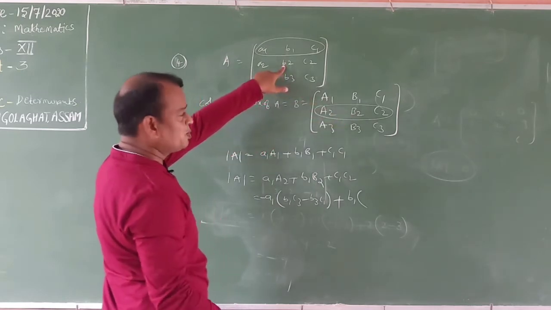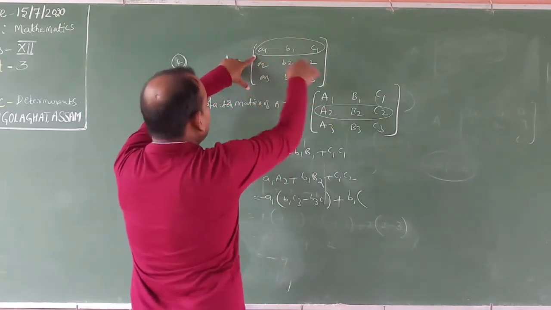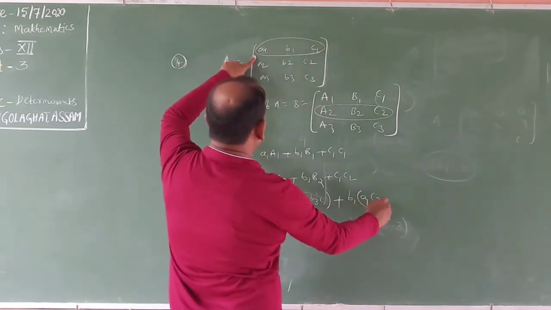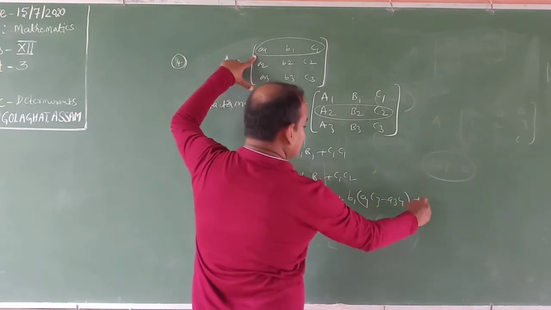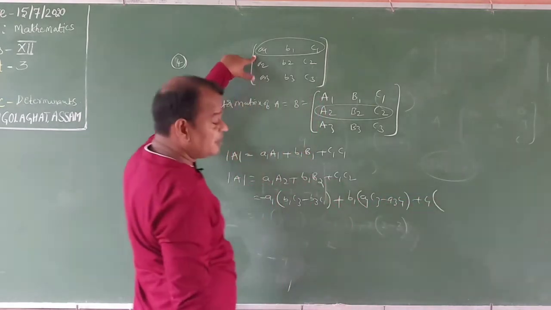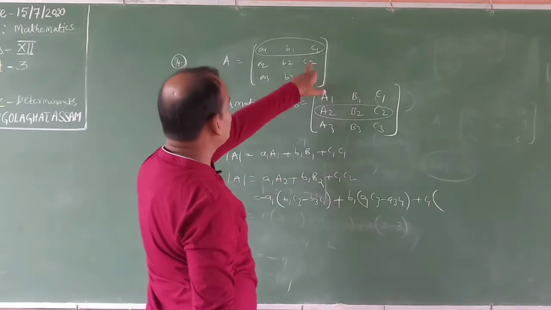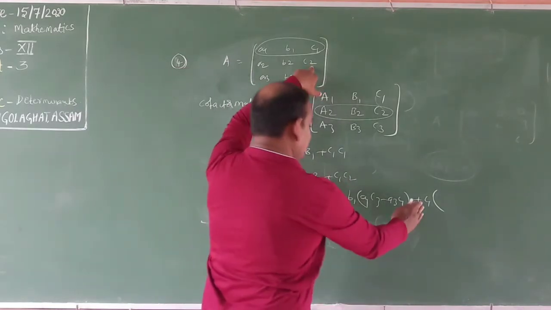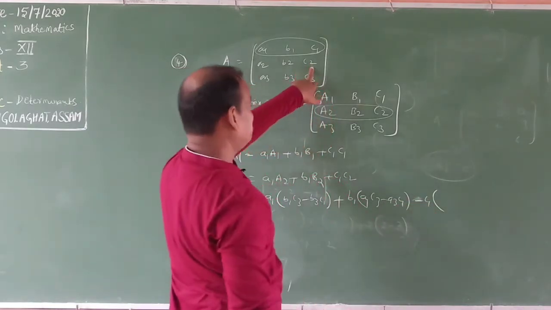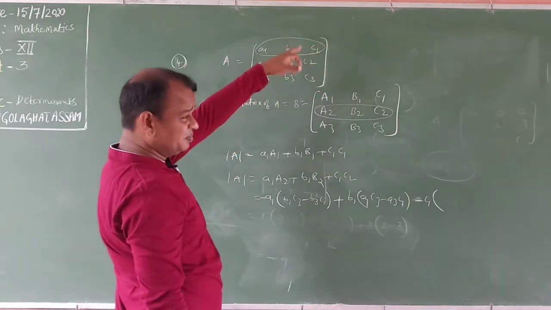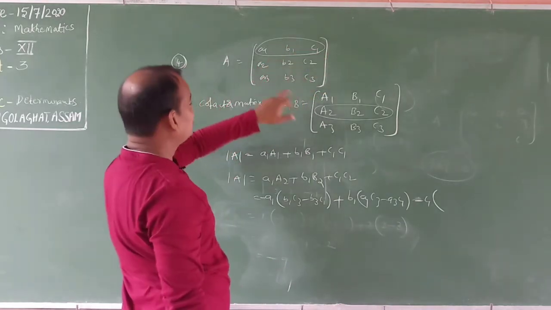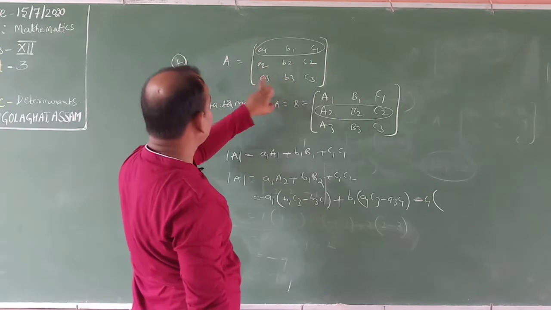The cofactor of B2 is plus A1 C3 minus A3 C1. Then C1 into the cofactor of C2, which is negative, 100% negative, because it is the second row, third column. The cofactor of C2 is A1 B3 minus A3 B1.